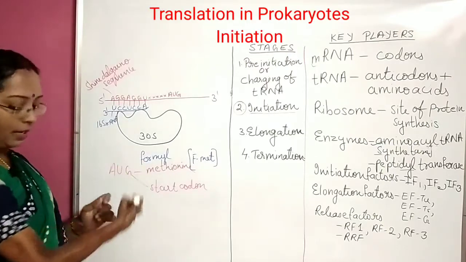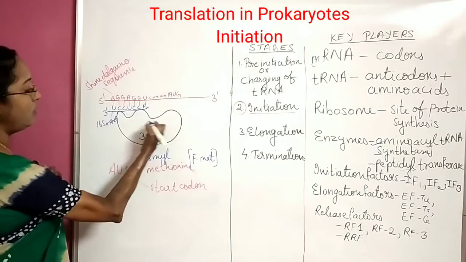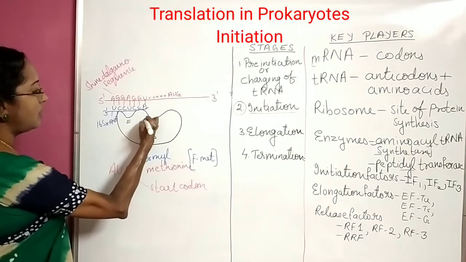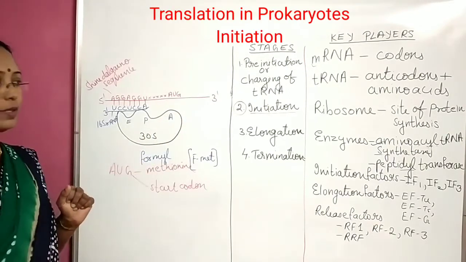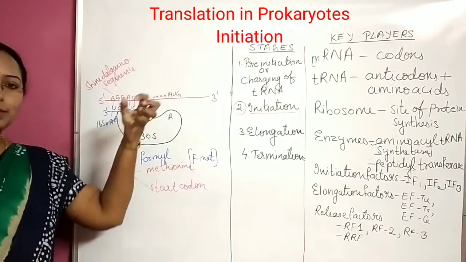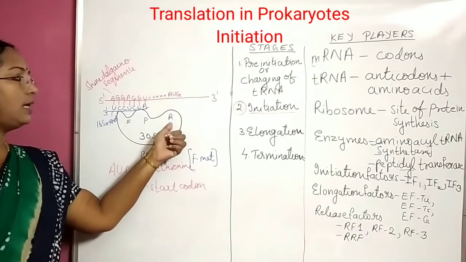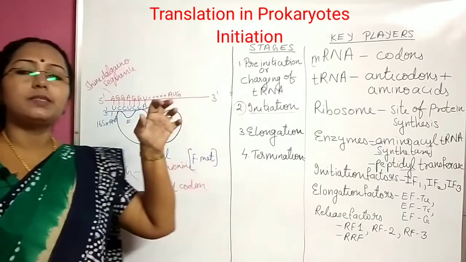As I have told before, this small subunit has three areas: E site, P site and A site. The A site is the acceptor site or aminoacylation site, the area where the tRNA carrying the amino acid comes and sits.